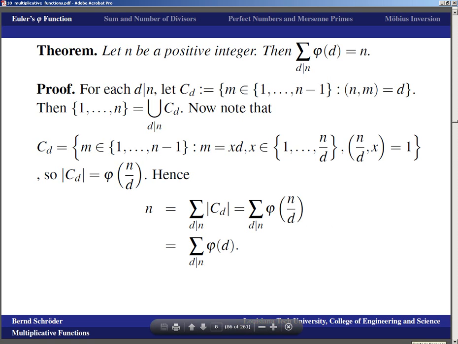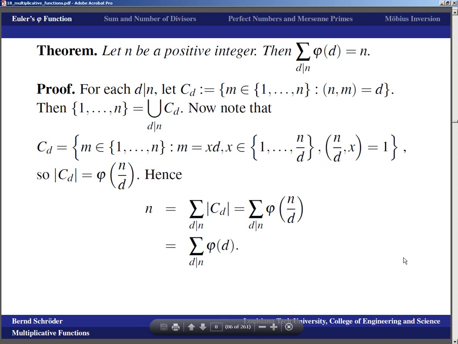Hang on just a second. Yes, indeed, there was a little typo on these slides. The sets c sub d consist of all the numbers m between 1 and n who have greatest common divisor d with n.